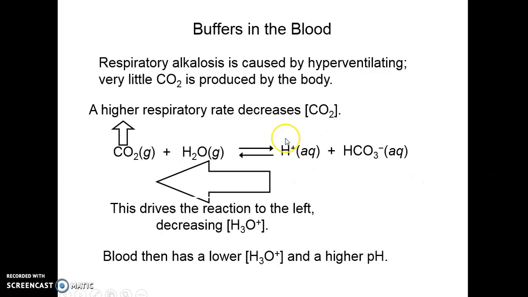As a result, your proton concentration will go down and your bicarbonate concentration will go down. So what happens when you breathe too hard, or there's something else that can be causing you to expel too much carbon dioxide? What happens is your pH goes up and your proton concentration goes down.